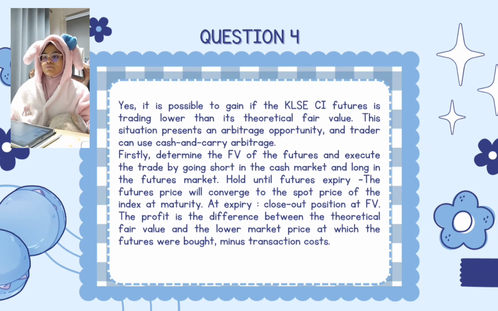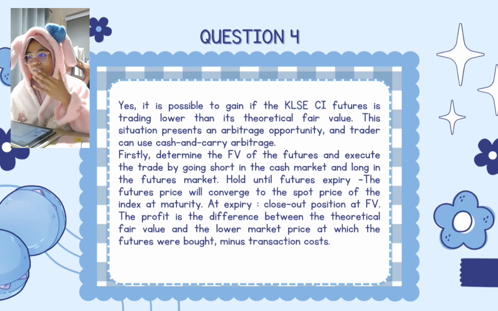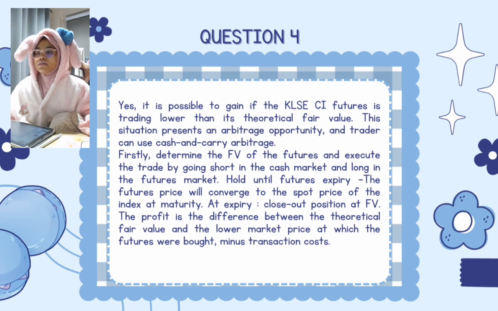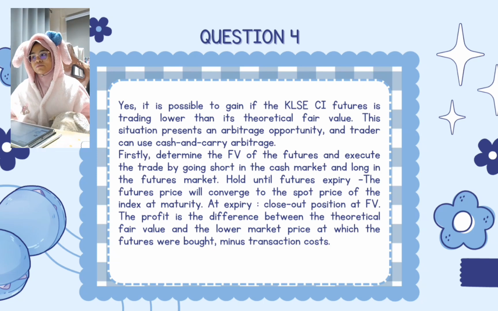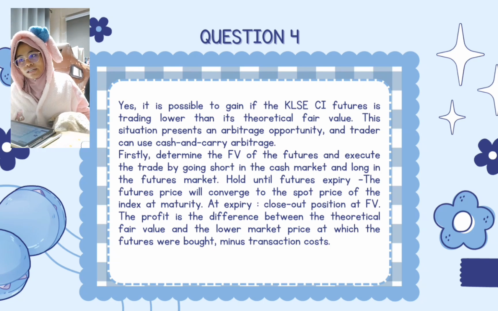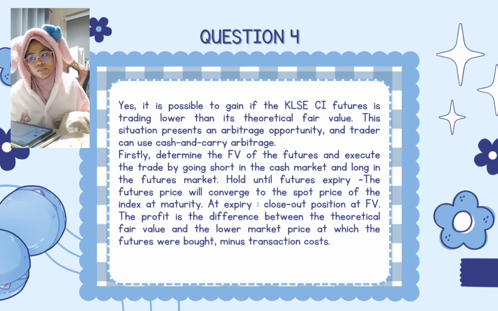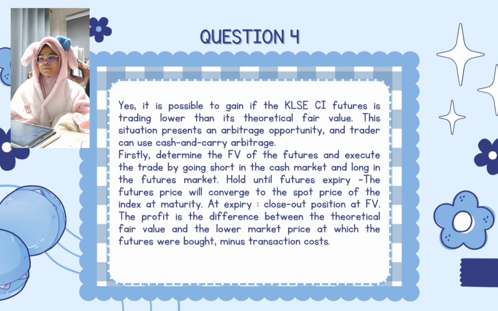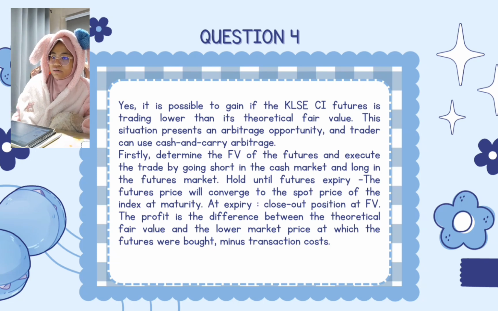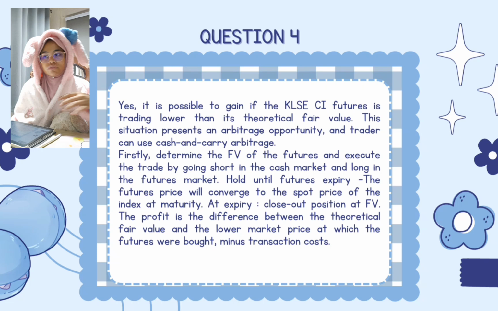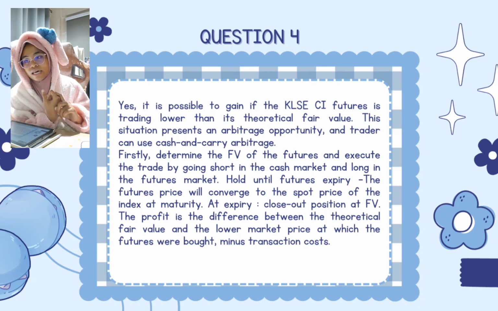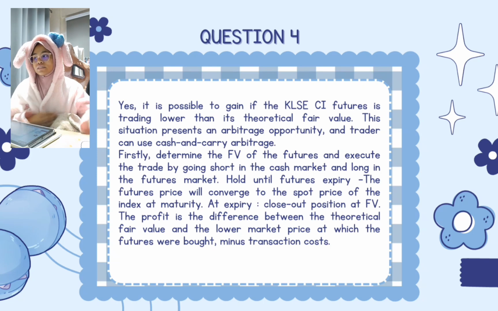So firstly, determine the fair value of the futures and execute the trade by going short in the cash market and long in the futures market. Okay, so I was right. Hold until futures expiry. The futures price will converge to the spot price of the index at maturity. So at expiry, close out the position at fair value. The profit is the difference between theoretical fair value and the lower market price at which the futures were bought, minus transaction cost.